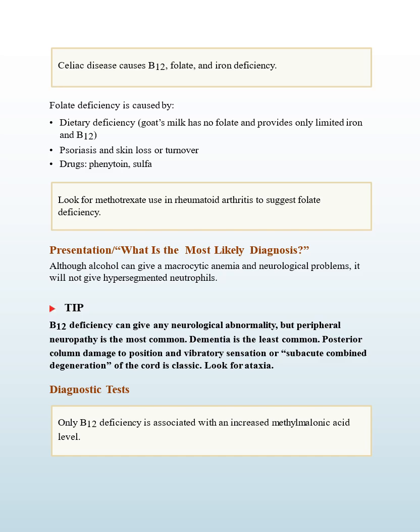Here, the folate deficiency can be caused by 3 scenarios. One is dietary deficiency. For example, goat milk has no folate and provides only limited iron and B12. Also, number two, psoriasis and skin loss or turnover, and drugs like phenytoin and sulfa.